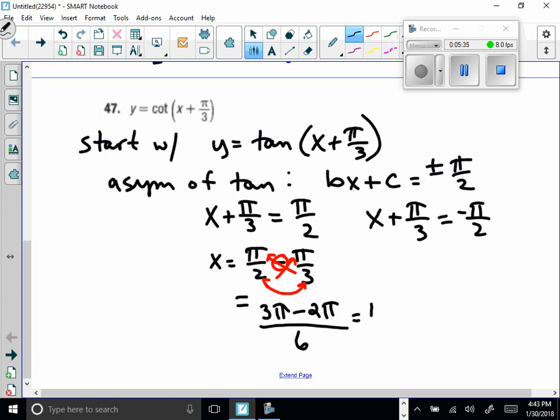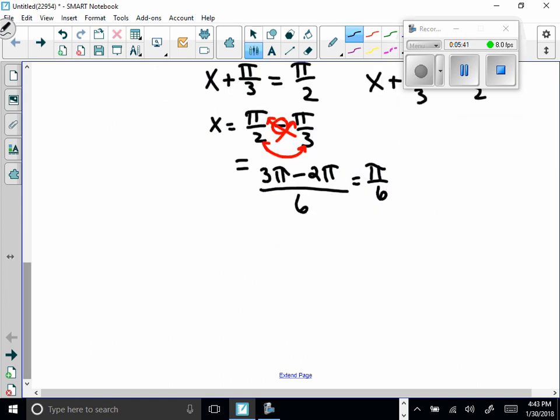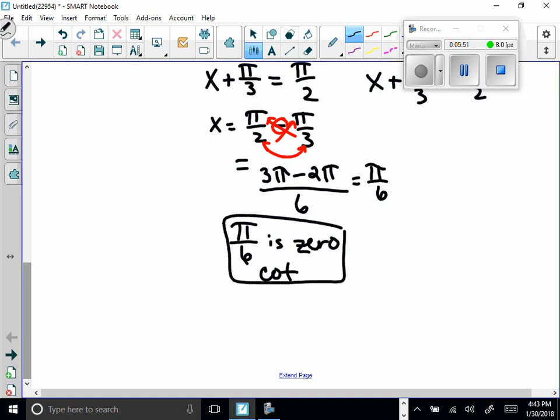So we get pi over 6 would be an asymptote for tangent, but it's a 0 for our cotangent function. So I want to keep that in mind.